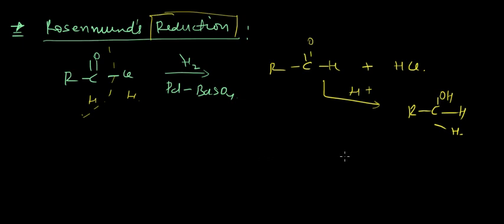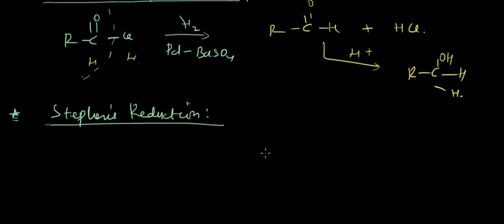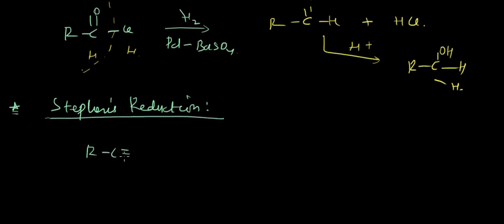Second, let us look at Stephen's reaction, or rather Stephen's reduction. We have RCN, or nitrile, and in nitrile we are passing SnCl2 in presence of HCl.